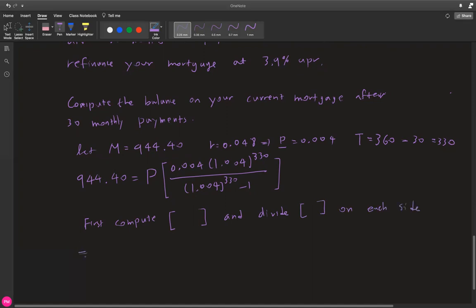Then you should be able to find that your current balance, or in other words, the money that you still have to pay off, is $172,863.07.